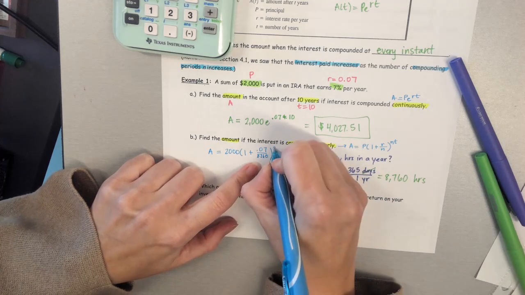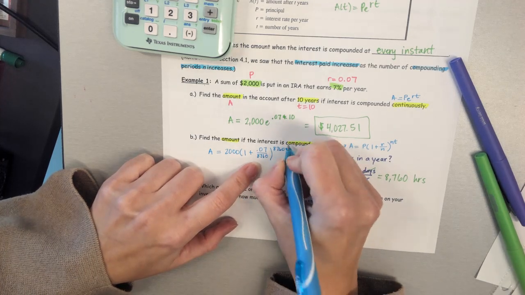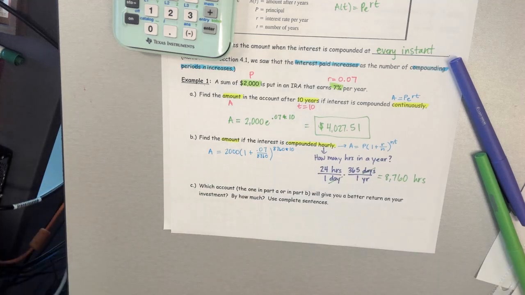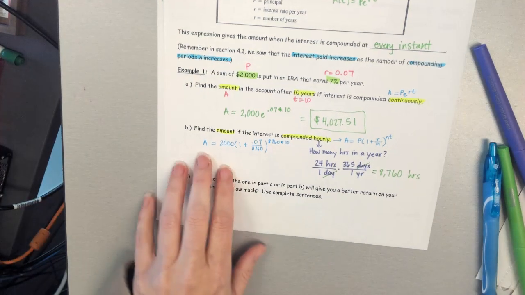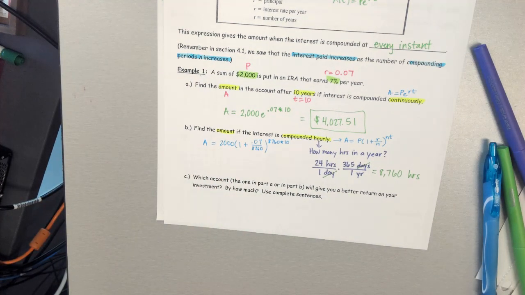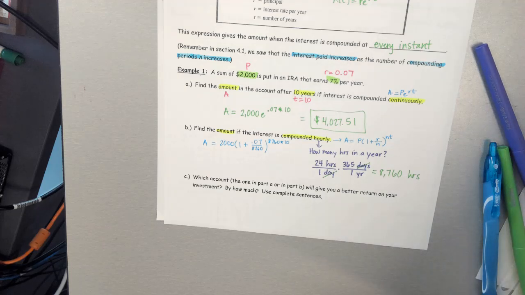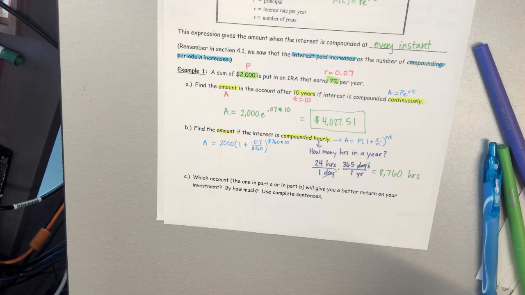Okay, so it's 8,760 multiplied by 10. Let's go ahead and calculate that, and then once you do that, you can answer part C. So go ahead and do both of those. I want you to practice putting it in your graphing calculator.